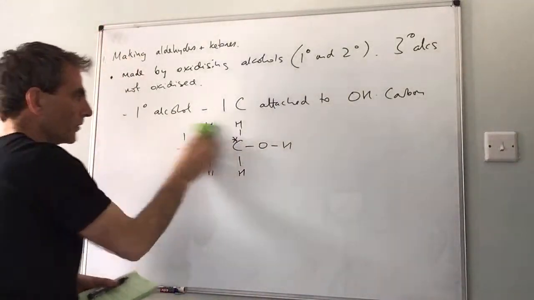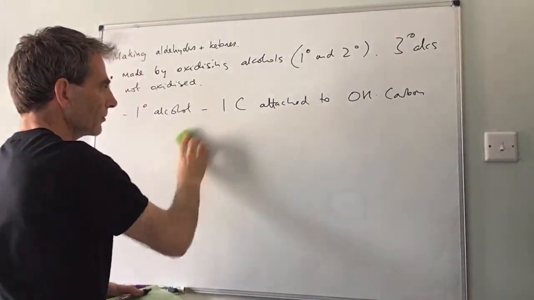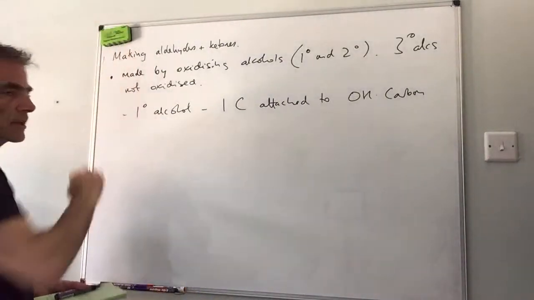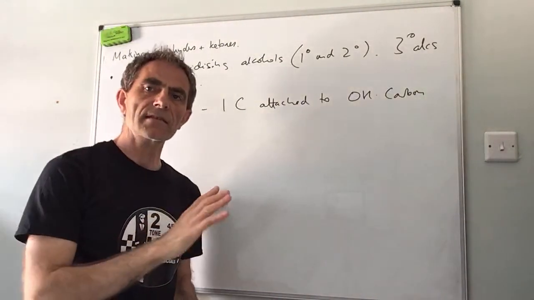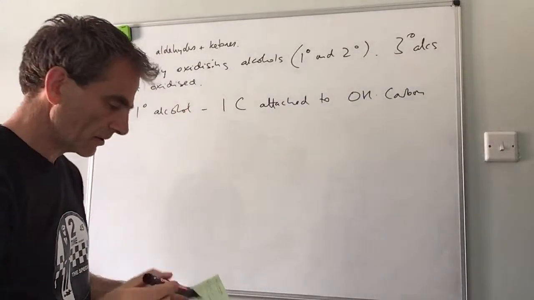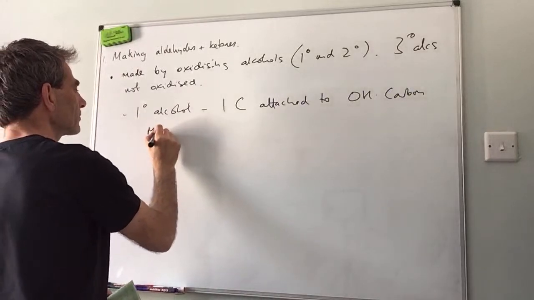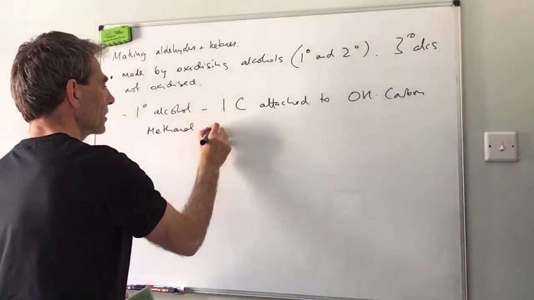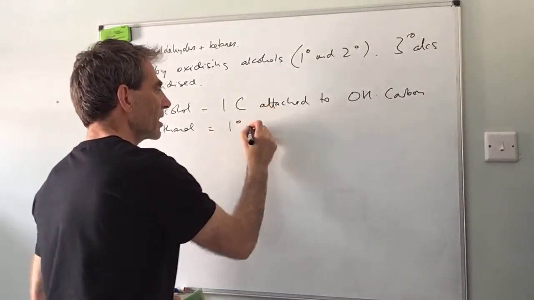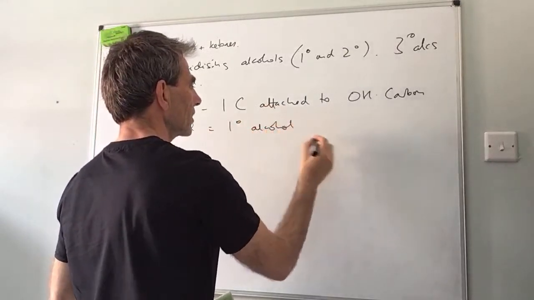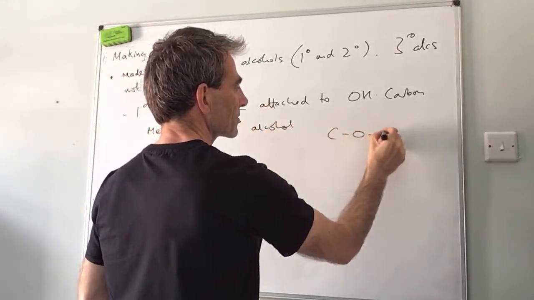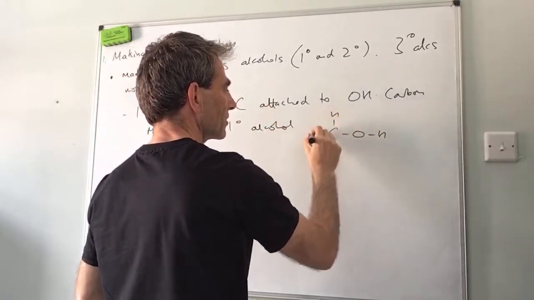Now, as is often the case in chemistry, we're bound by a set of rules, and then there's often an exception to the rules, which messes with people's heads a bit. Methanol is classed as a primary alcohol, and methanol is literally just CH3OH.